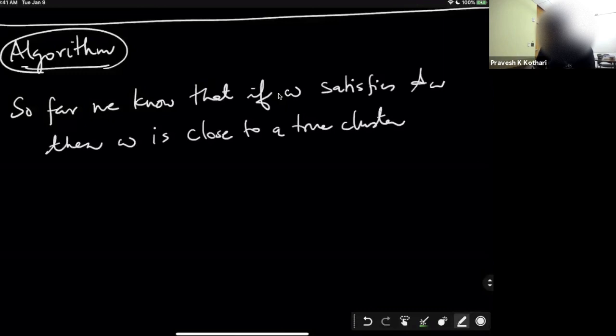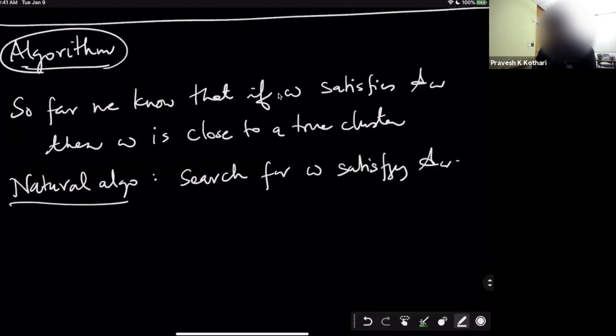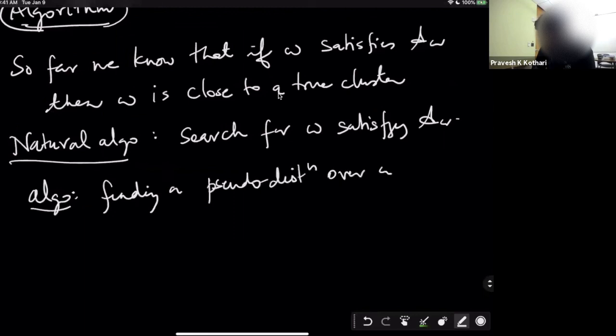So the natural algorithm here would be to just search for W that satisfies AW. But usually we cannot quite do that. Solving polynomial inequalities is hard. So instead, our algorithm involves finding a pseudo distribution over W's that satisfy AW.